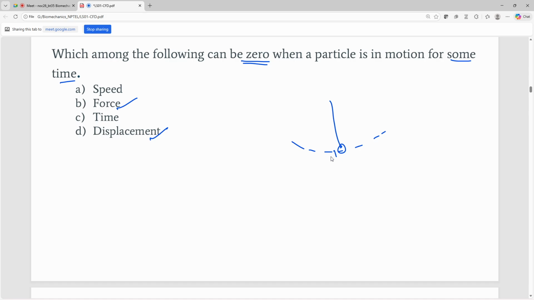First I am giving it a force. I am trying to push it to one side and leaving it, and it is oscillating. So I am only giving it force initially. After that, it can come to a point where the displacement is zero as well as the force is zero. So these are two vector quantities which can become zero after a particle is in motion.